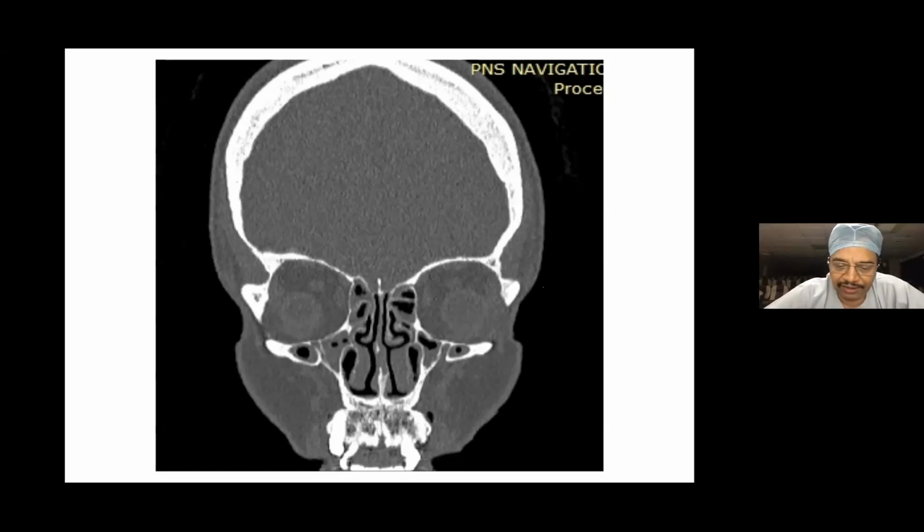I take endoscopy-guided nasal secretions for culture and sensitivity tests, and I keep doing it regularly. What I have observed is that the majority of chronic rhinosinusitis patients have gram-negative infections.